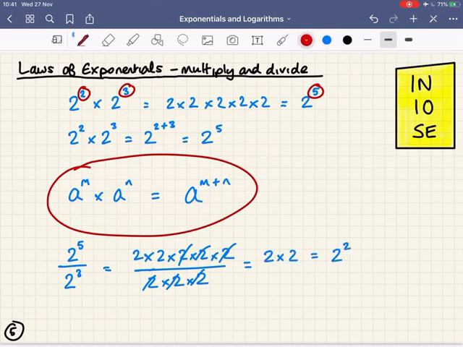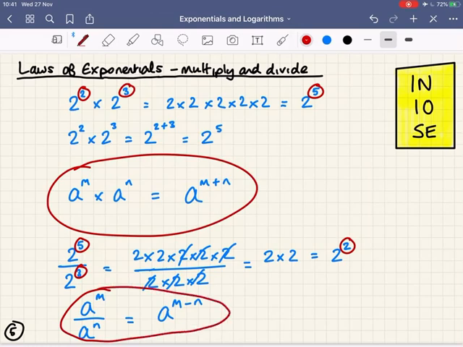Now again, hopefully you can see the link between the 2 there and the 5 and the 3 there. This time if I'm dividing, I subtract the indices. So as a general rule here, we can say a to the m divided by a to the n will give me a to the m minus n. So there's our second important law relating to multiplying and dividing.